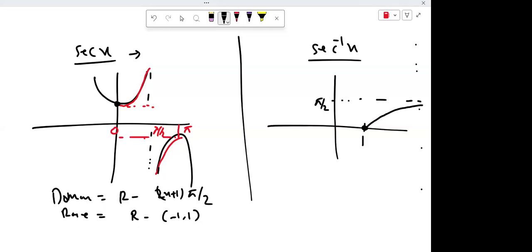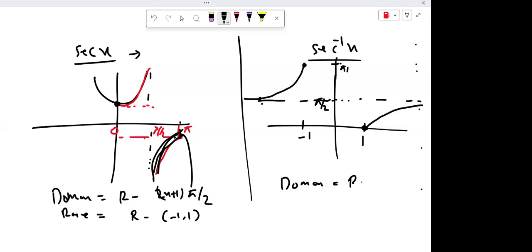For the second part, at pi by 2 it becomes minus infinite, so at minus infinite it should become pi by 2, and at pi it becomes minus 1, so at minus 1 it should become pi. So the graph is like this, two portions.